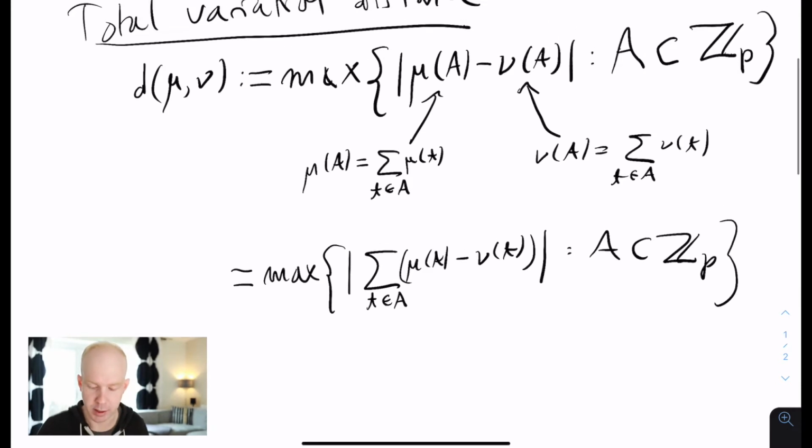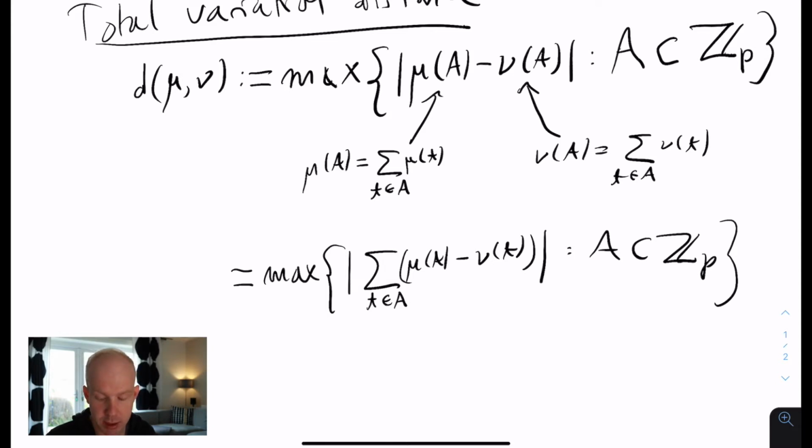There is an idea why it is called a total variation distance. This will become apparent later when we talk about the connections of this distance to other types of distances, and you get a bit of intuition why you would call this a variation distance.